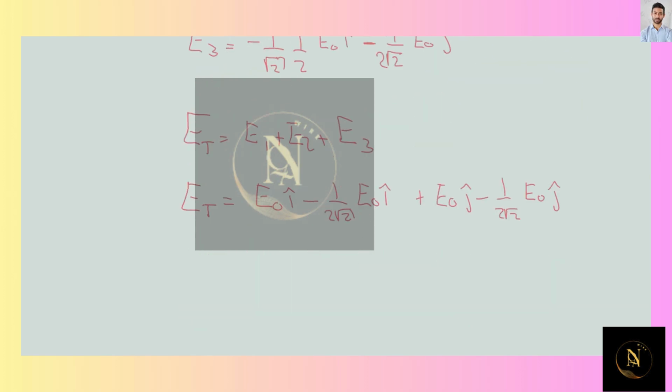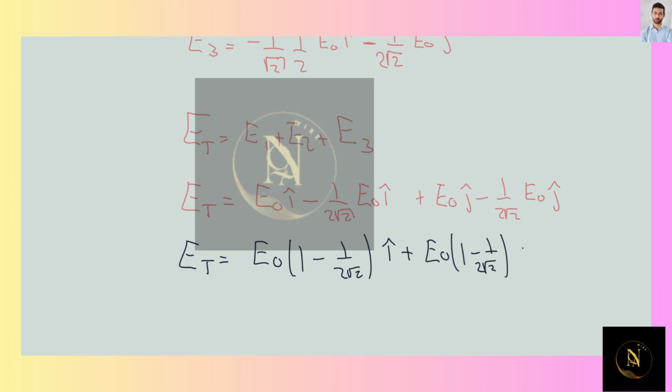The final result would be Et is going to be equal to E0 times 1 minus 1 over 2 square root of 2 in the i direction, plus E0 times 1 minus 1 over 2 times the square root of 2 in the j direction.